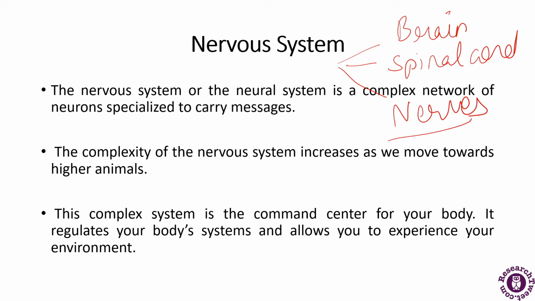From the brain, it carries messages to the spinal cord and then to all the parts of the body. The complexity of the nervous system increases as we move towards higher animals. It is the command of our body. It regulates the body systems and allows us to experience the environment. This is the main role of the nervous system.